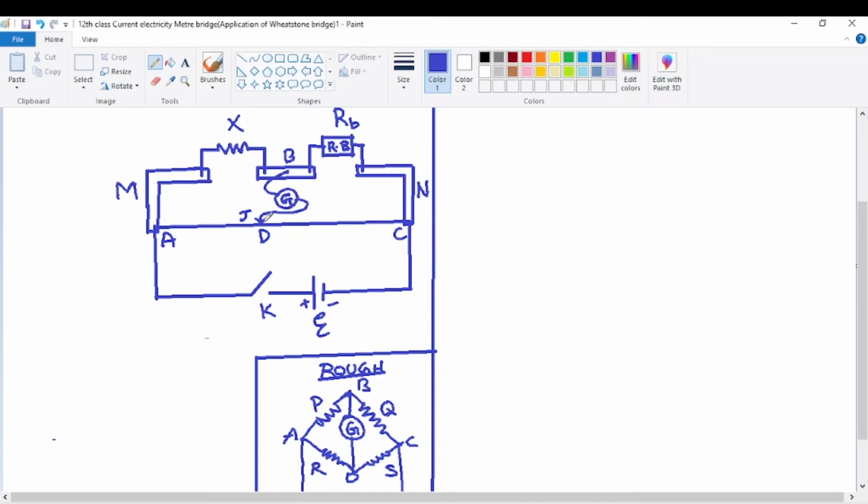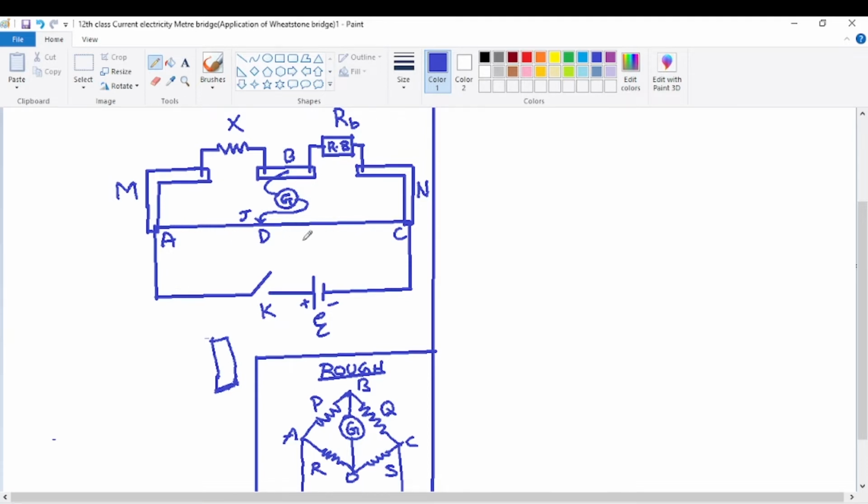The bottom end has a knife edge, so its edge is sharper. This bottom end is pressed onto the wire AC, the long resistance wire. This resistance wire is called the bridge wire, the meter bridge wire.